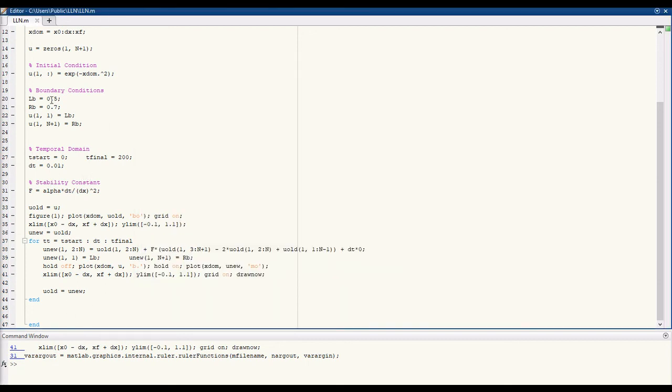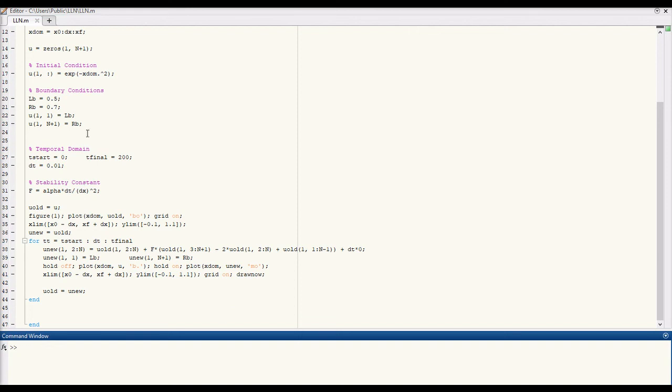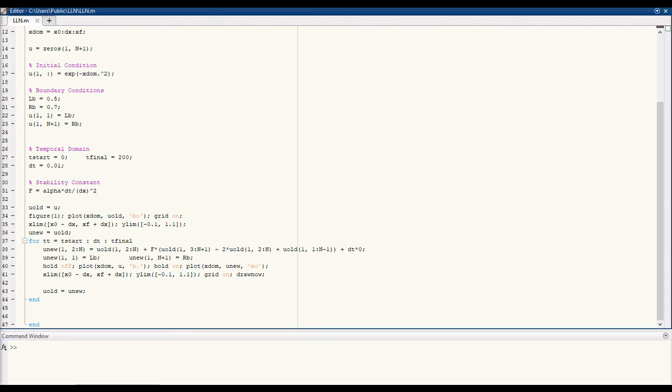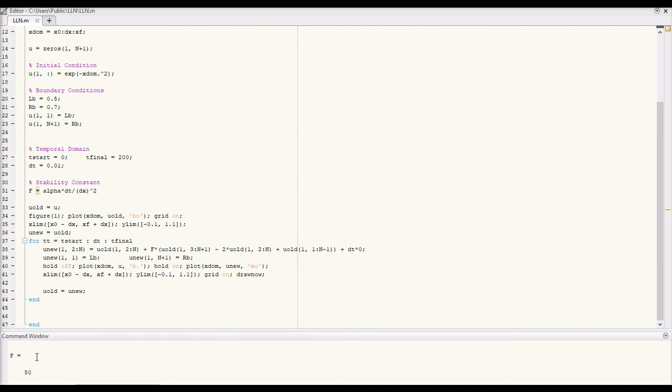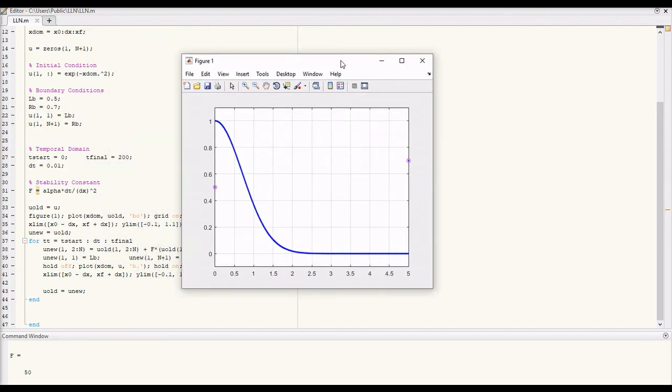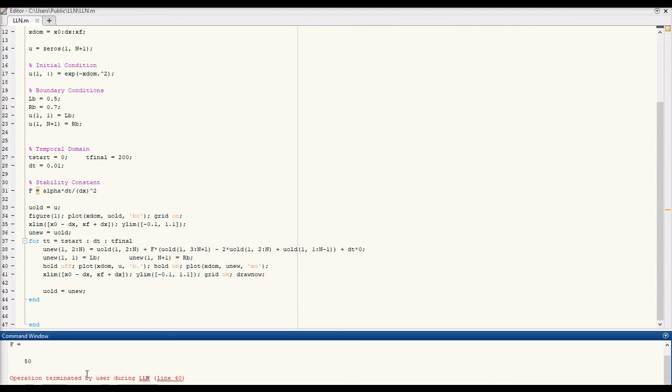If I zoom out and look at this value of f, I get an f value of 50. In order for the finite difference method to converge, the value of f has to be sufficiently small, and there's a necessary and sufficient condition for that.